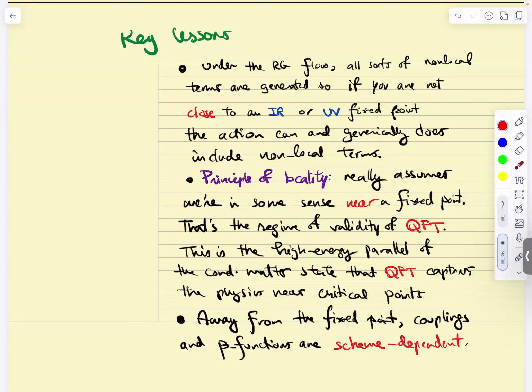Once you start doing higher order perturbation theory, even though you picked a very nice choice of K, you still see scheme dependence. Now, if you picked a very non-local K, you see the non-locality in your face right away. So they're related, but in that sense.